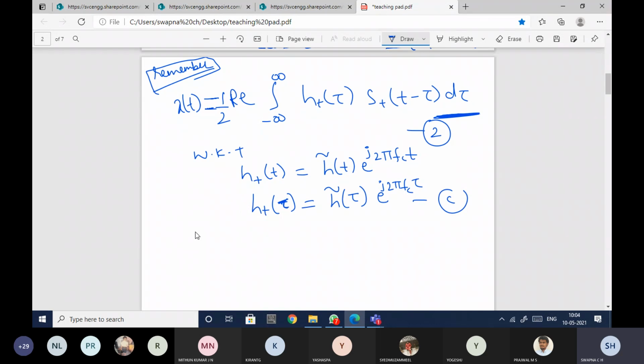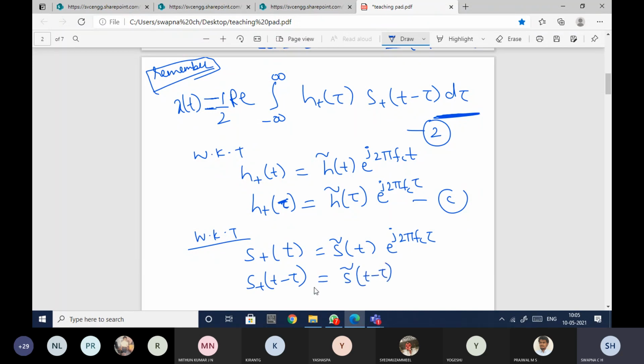In the same way, we also know that for the signal s plus of t, it is nothing but s tilde of t e power j 2 pi fct. In place of t, you have t minus tau. So s plus of t minus tau is nothing but s tilde of t minus tau.